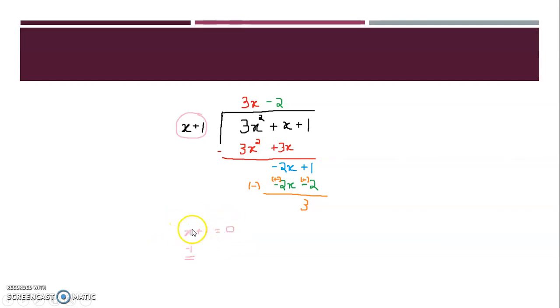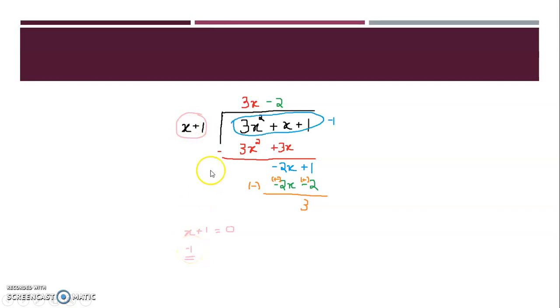So how do we find that? We first equate the polynomial to 0, then we solve the equation for x. So in this case, the 0 of the divisor, which is x plus 1, is x equal to minus 1.